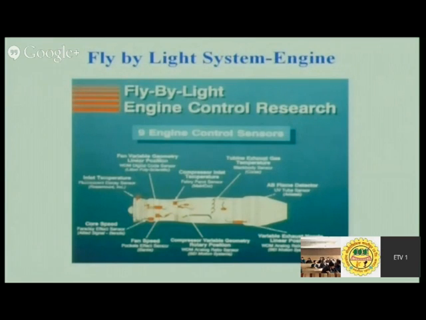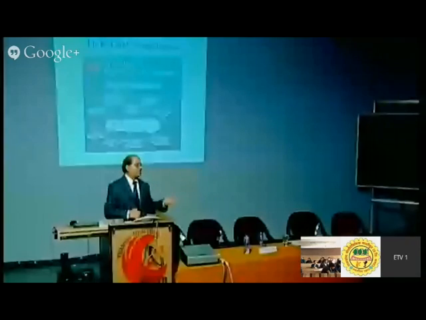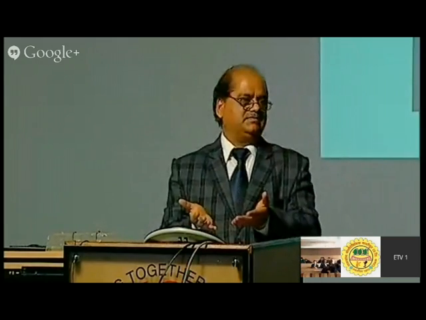In all these parts, optical fiber plays a very, very important role because we want the aeroplane system to be as light as possible, as thin as possible. So optical fiber is the solution. Optical sensor is the solution.